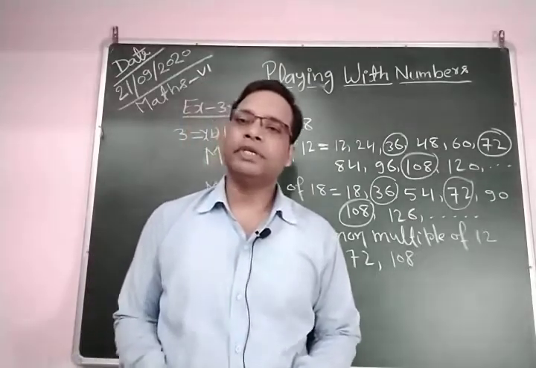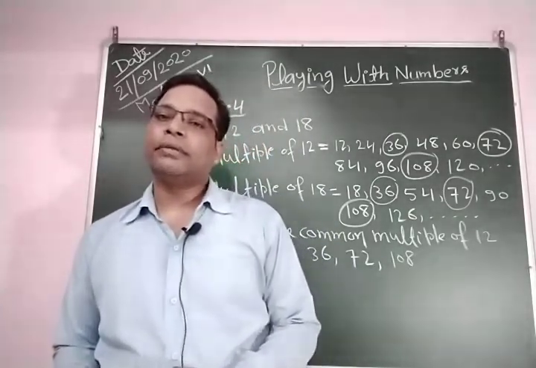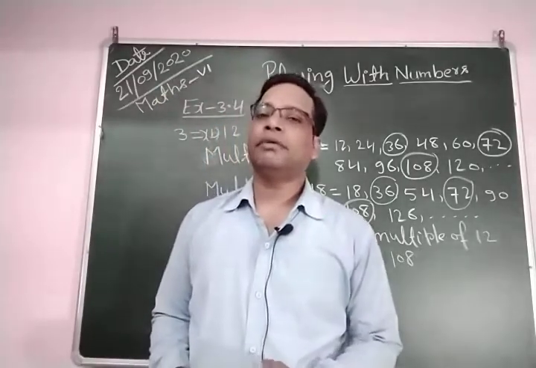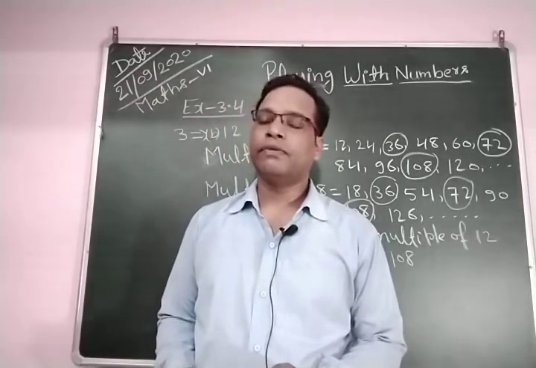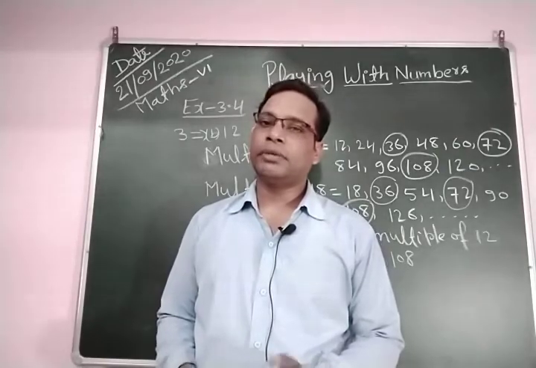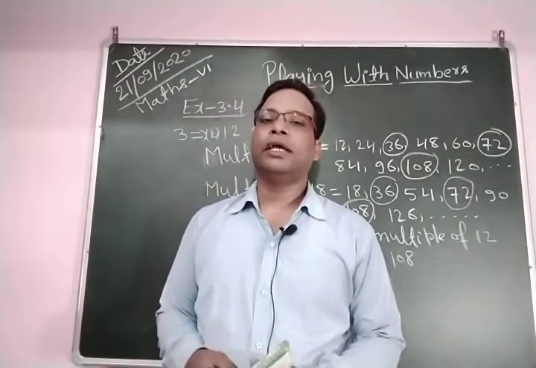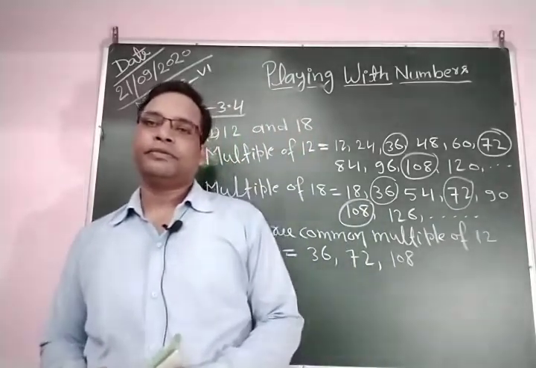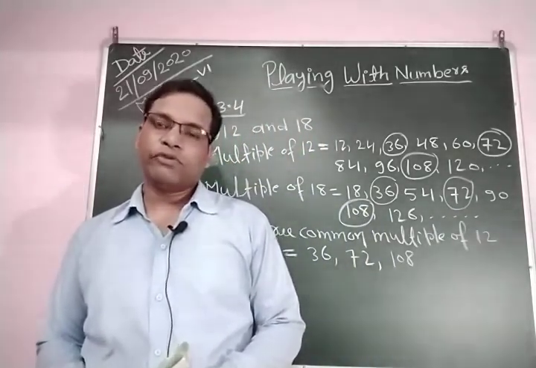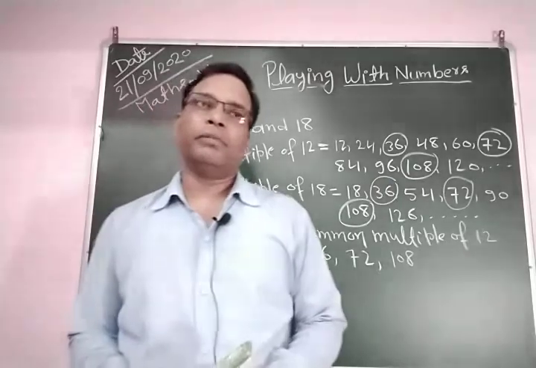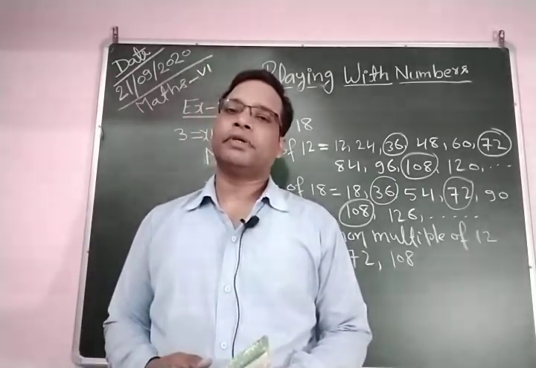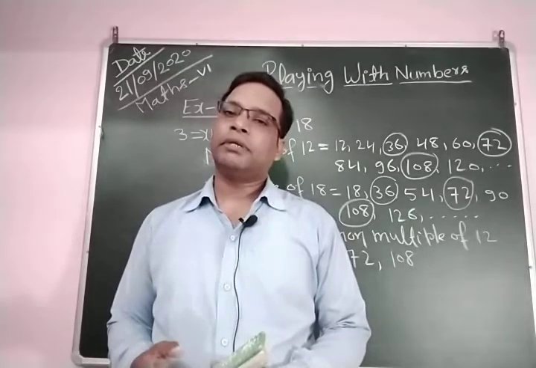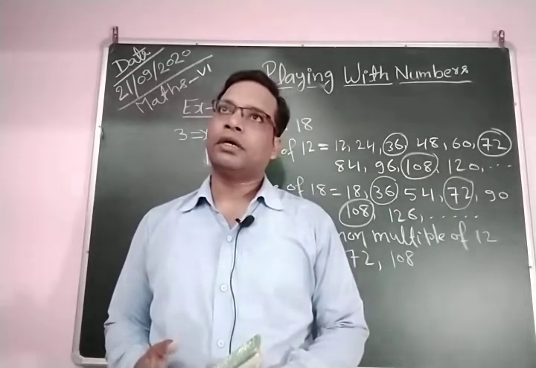First way is that we write the multiples of 3 less than 100, again we write the multiples of 4 less than 100, and after this we take the common ones. The next way is that first we find the LCM of 3 and 4, and we write the multiples of their LCM. These are the common multiples of 3 and 4 less than 100.